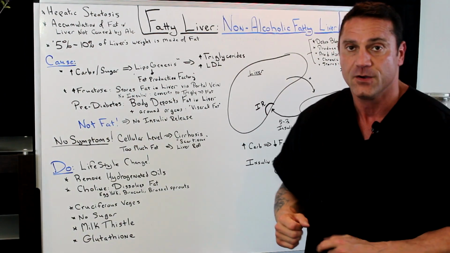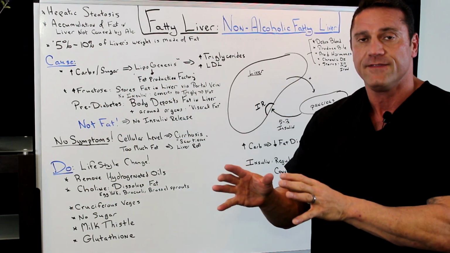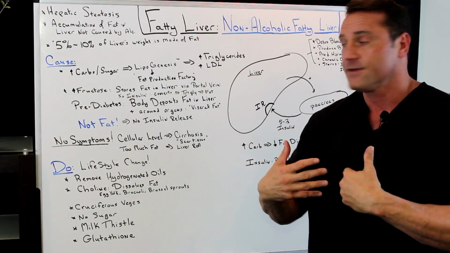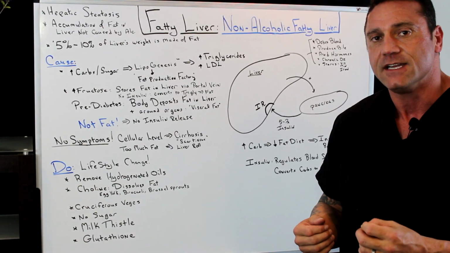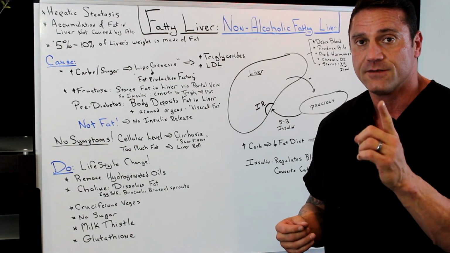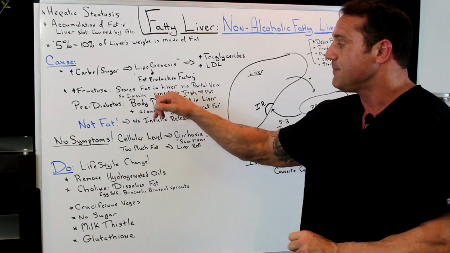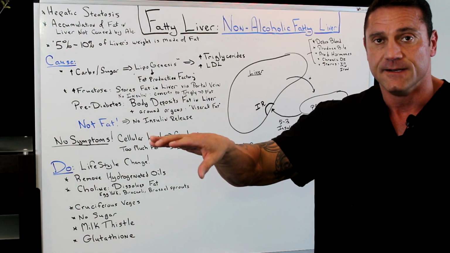The portal vein just acts as a shunt to directly store the fructose as fat in the liver. Because the thing about fructose, it doesn't take any insulin. There's no insulin release with fructose. Again, fructose is fruit sugar. So it converts directly to triglycerides and gets stored as fat.